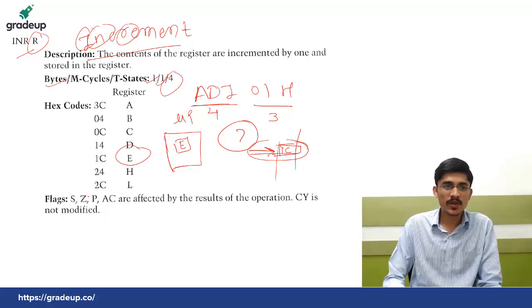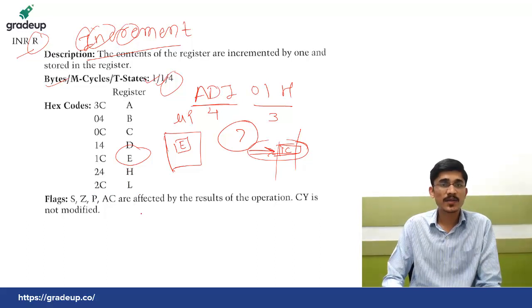But be alert here. In addition and subtraction, all the flags are affected, but in the increment operation, as well as decrement, the carry flag is not affected. Be alert here, the carry flag is not affected. The remaining flags, sign, zero, parity, auxiliary carry, are all affected, but the carry flag is not modified.